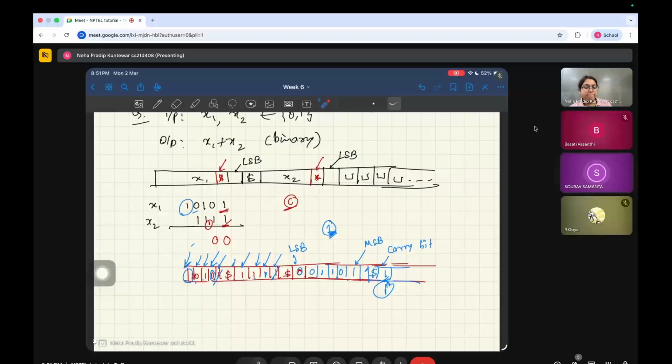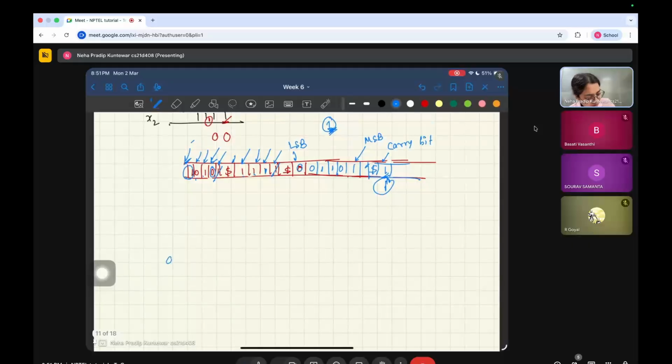How can we draw a transition diagram? You try it out, I'll draw, and if something is wrong, we can discuss on the fly.